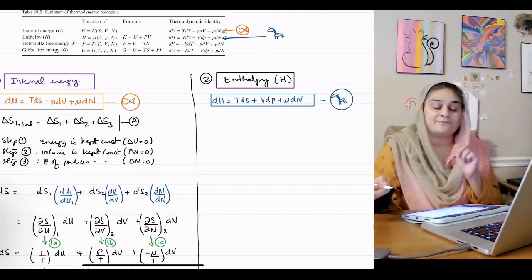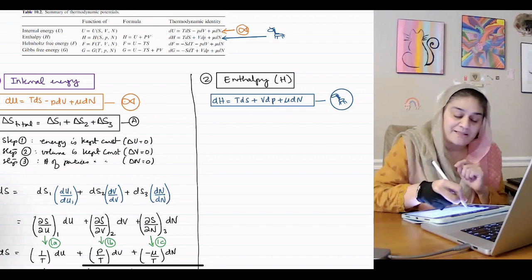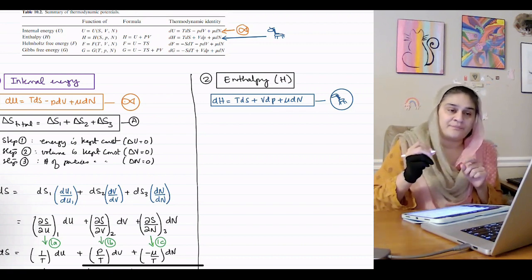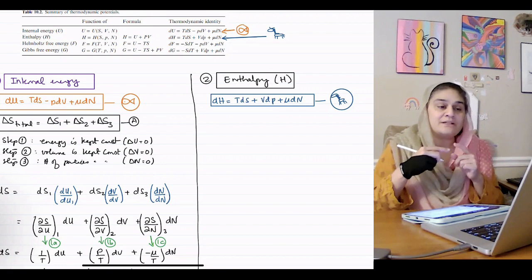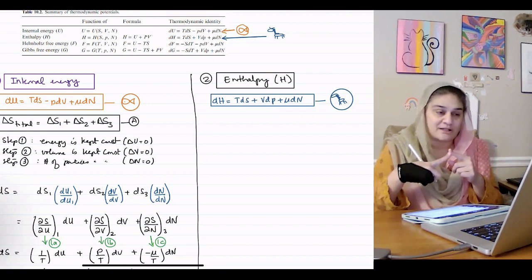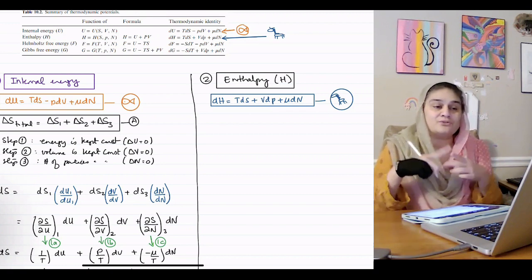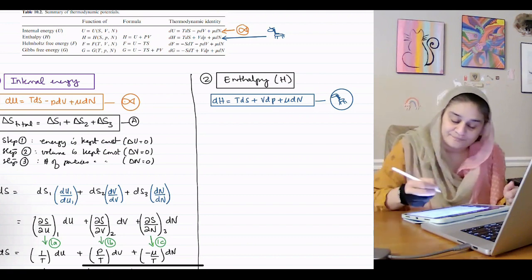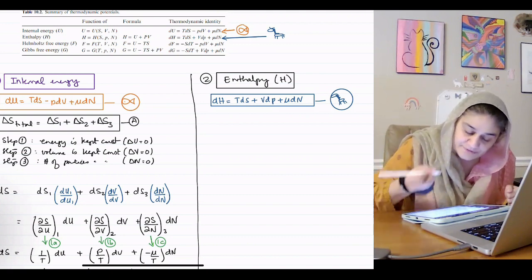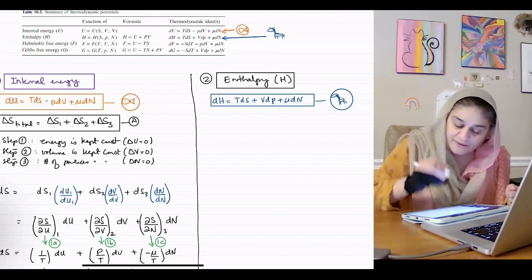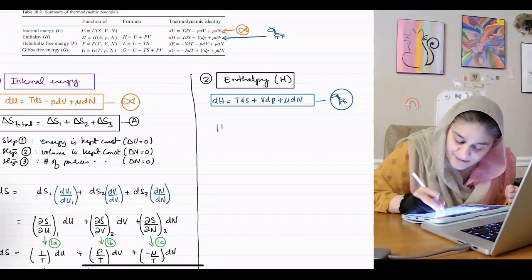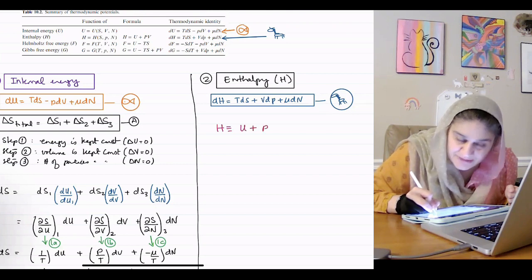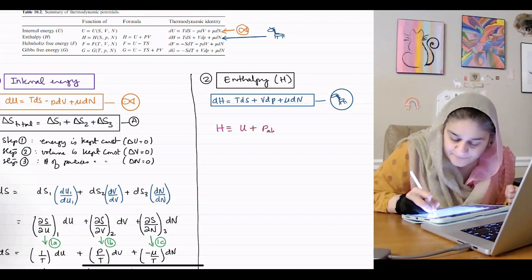Now, how did I define my enthalpy? I defined my enthalpy as the energy needed to create the system plus work done to make room for it under constant pressure conditions. So I know enthalpy was defined as U plus PV.